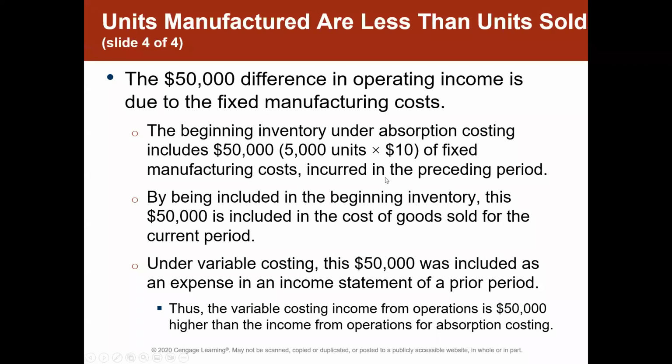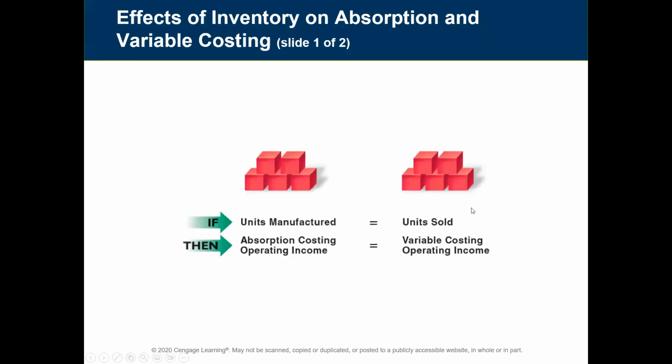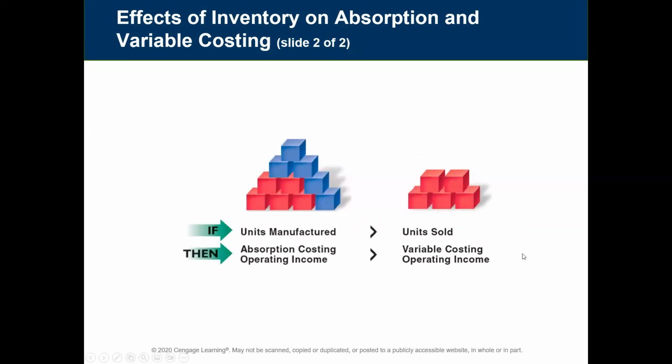And so we see that difference because under absorption costing, when you're selling off that inventory, you're now hitting the income statement with those fixed manufacturing costs, which were not actually incurred this period. Okay, so I already told you this. If we sell the same number of units that we manufacture, there would be virtually no difference between the two. But if we manufacture more units than we sell, absorption costing is higher than variable costing.